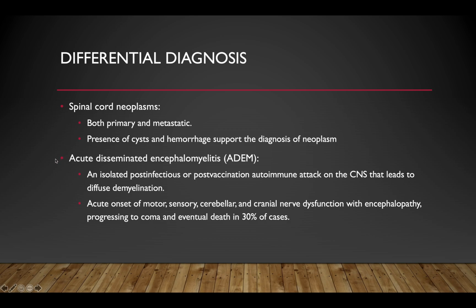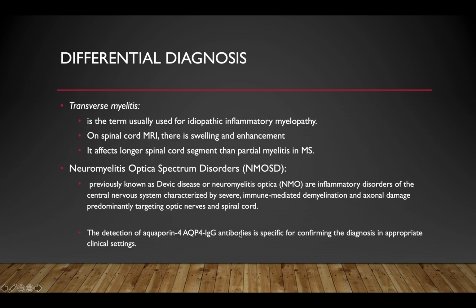Acute disseminated encephalomyelitis is an isolated post-infectious or post-vaccination autoimmune attack on the CNS that leads to diffuse demyelination, with acute onset of motor, sensory, cerebellar, and cranial nerve dysfunction with encephalopathy, progressing to coma and eventual death in 30% of cases.